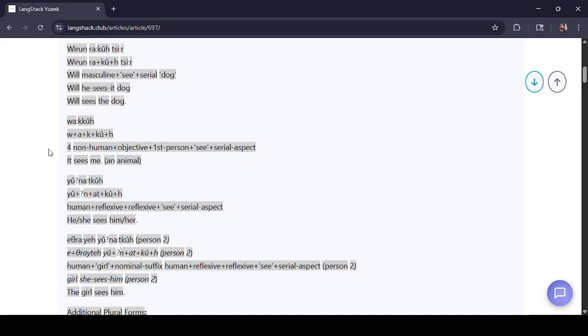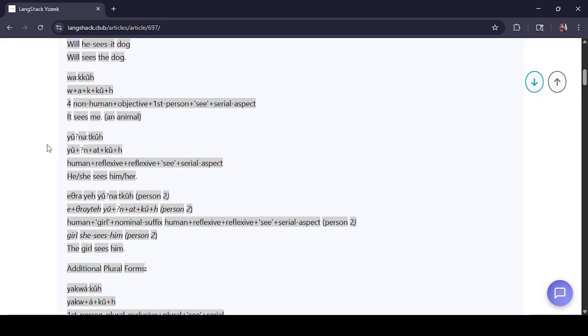You want to think about how you get your subject at the front, your verb in the middle, and your aspect at the end. This is how you create a basic Tuscarora sentence, the most basic Tuscarora sentence that you can have.